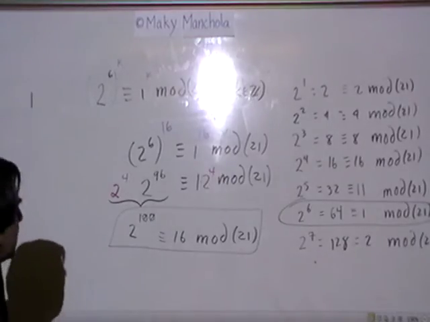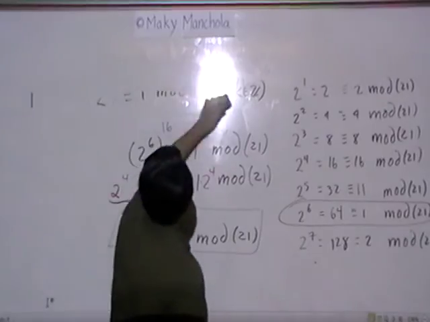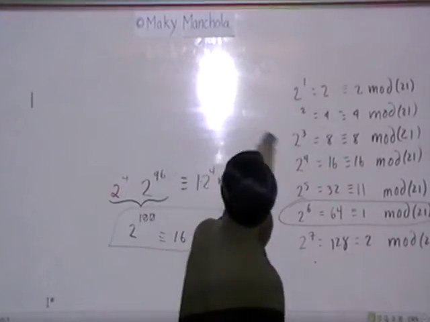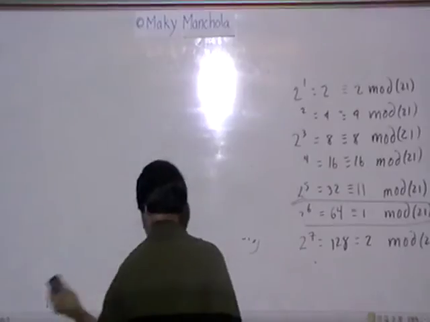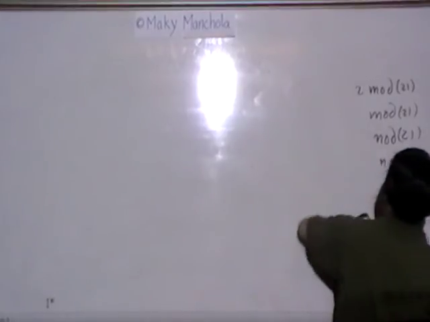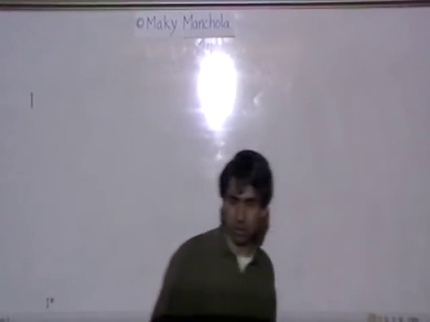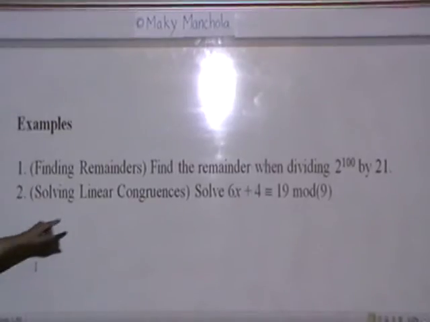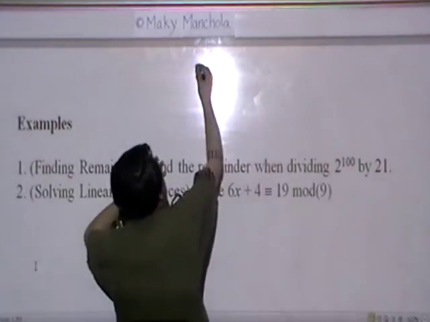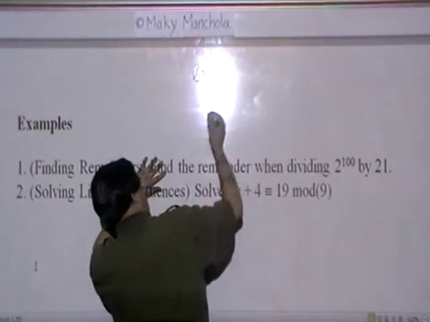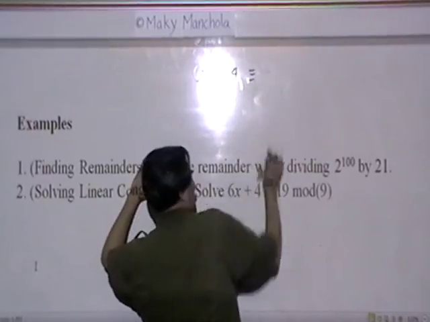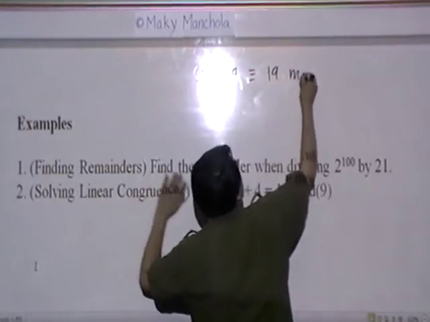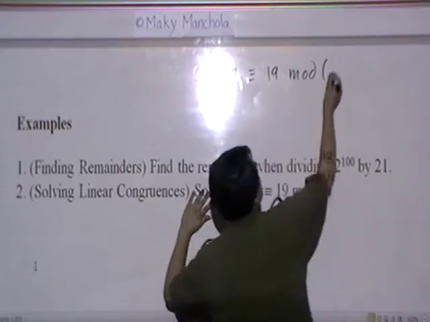Let's try our second example. Our second example is to solve a linear congruence. So solve the linear congruence 6x plus 4 congruent to 19 mod 9.